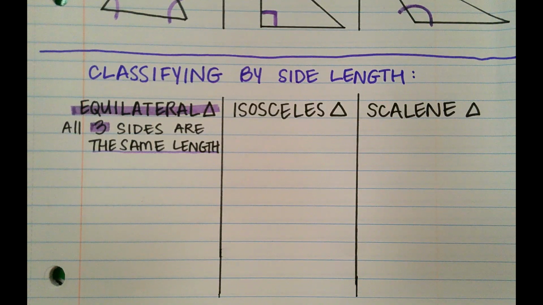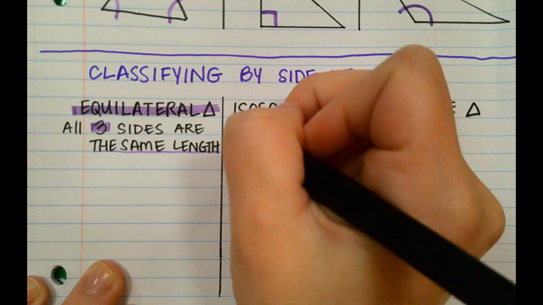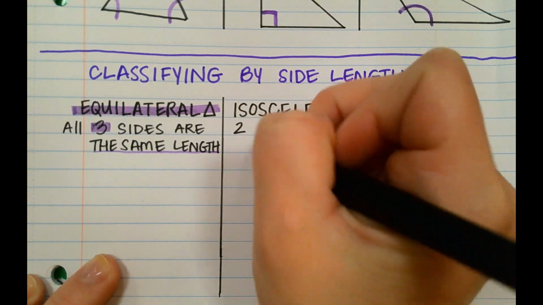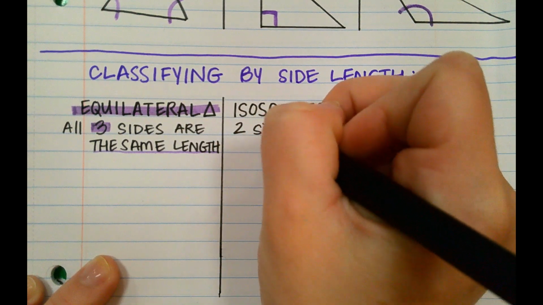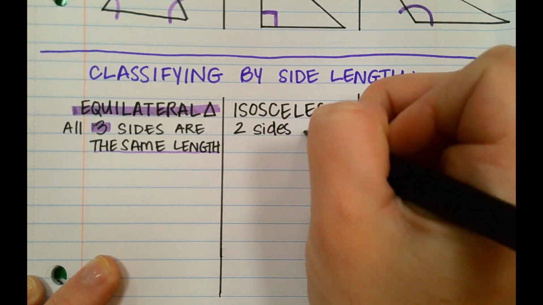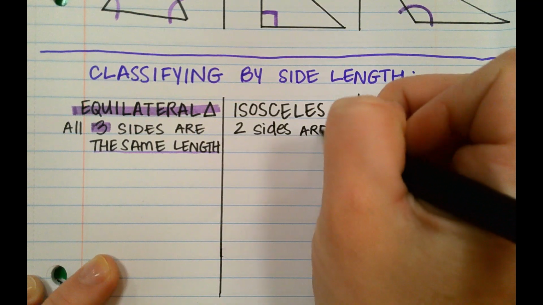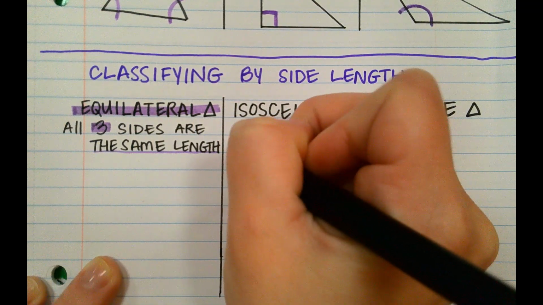We may not know it. That's okay. So, an isosceles triangle has two sides that are the same length, just two. So, two sides the same.